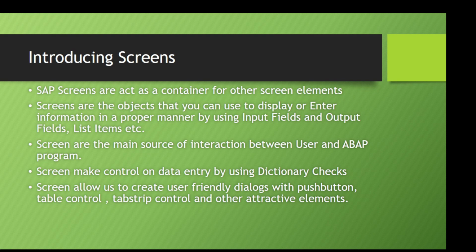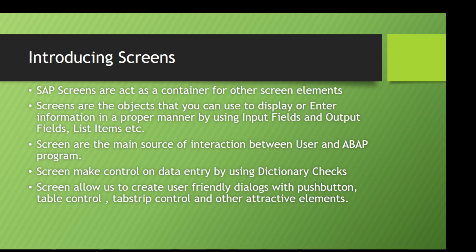After that, the main feature of screen is that it allows a user-friendly dialog with push button, table control, tab strip control and other attractive elements. It means that the push button, you are already familiar with in every screen, performs some specific task or calls a screen or something else.